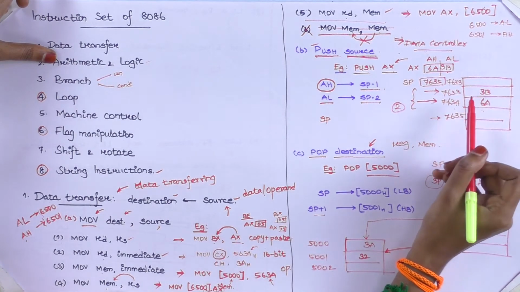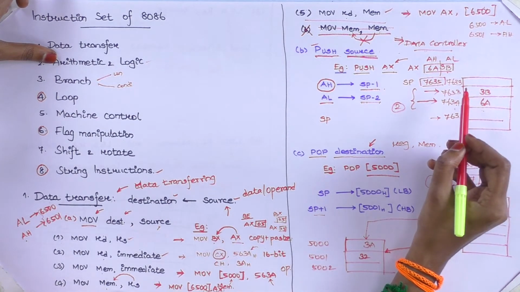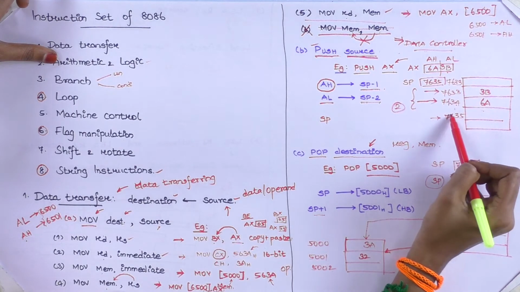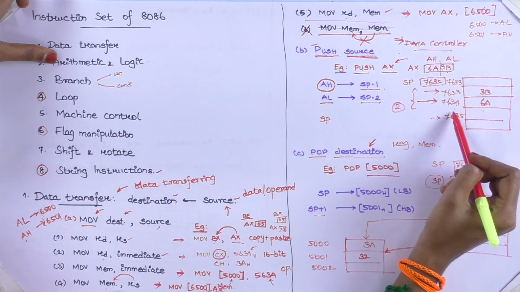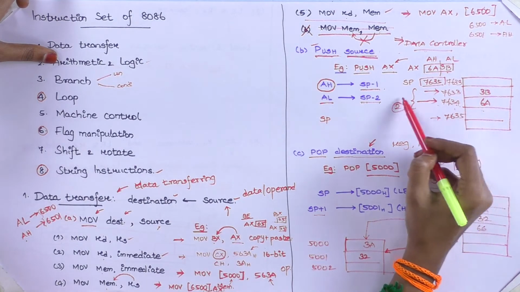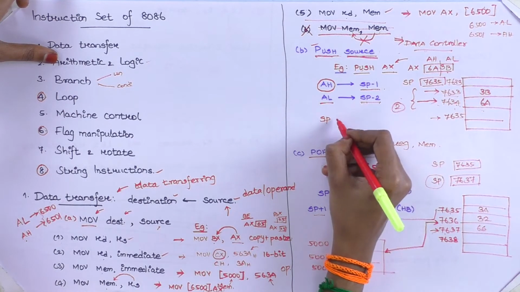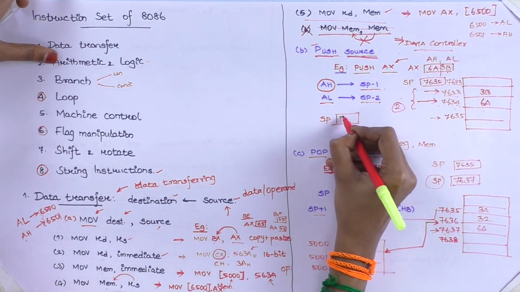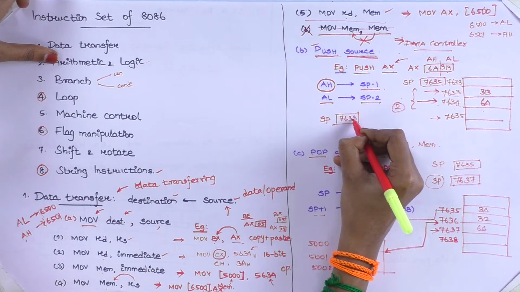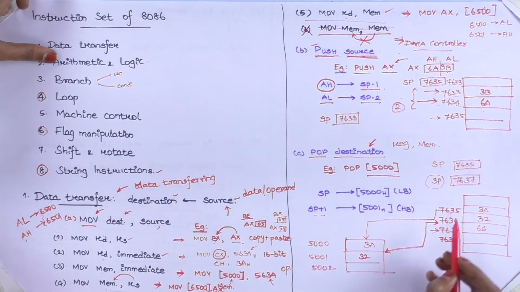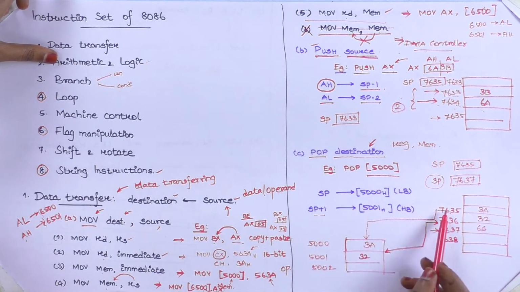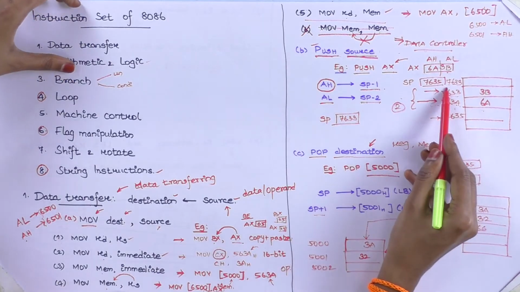So first it will take from the location 7635. Earlier in push it was decremented, 7634 took the value, and the last is 7633, so the final stack pointer value there is 7633. Here it is 7637. Here the stack pointer is incremented, there it is decremented.